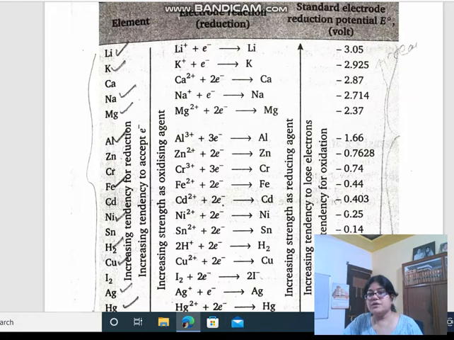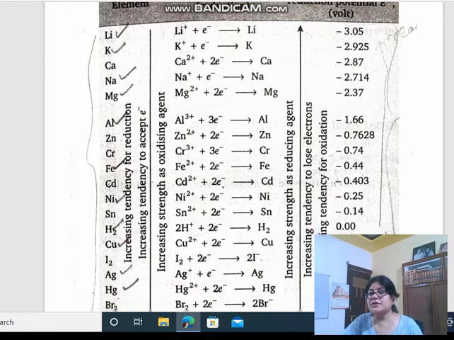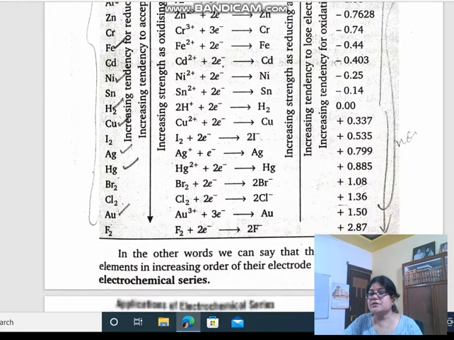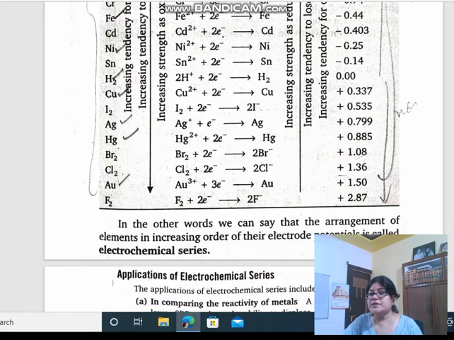If you see their electrode potential, minus 3.05, that means it has a very low potential. As we go down the series, it gets positive values. That means electrode potential is increasing downwards.